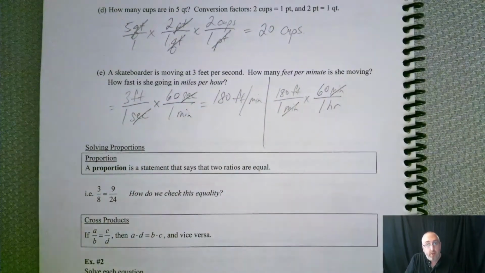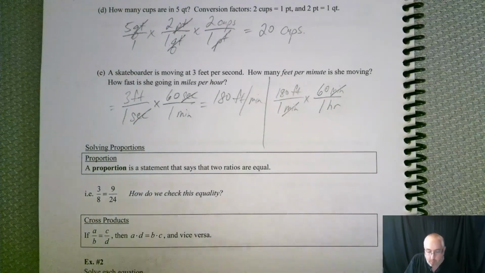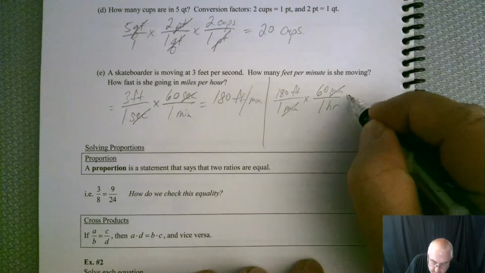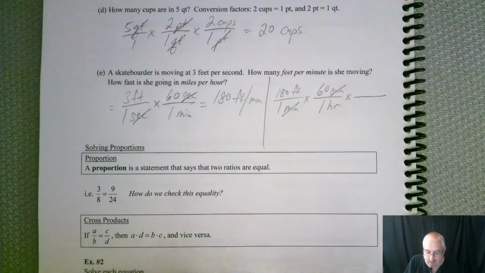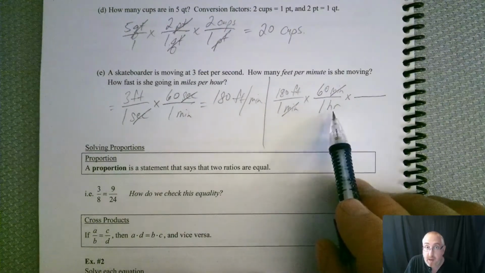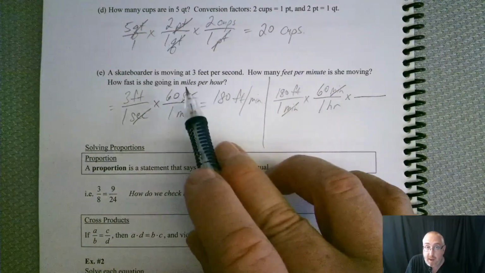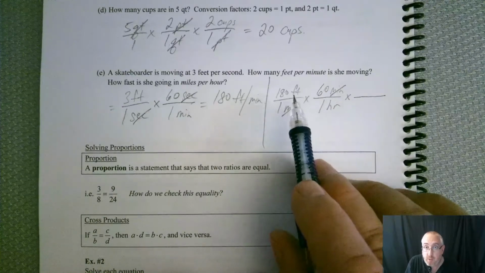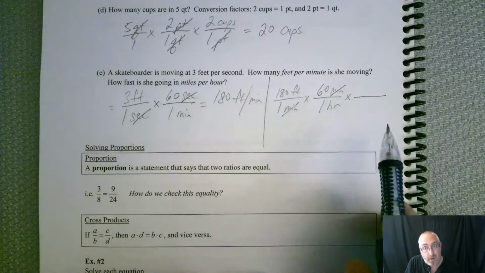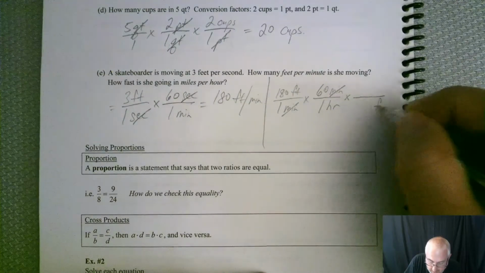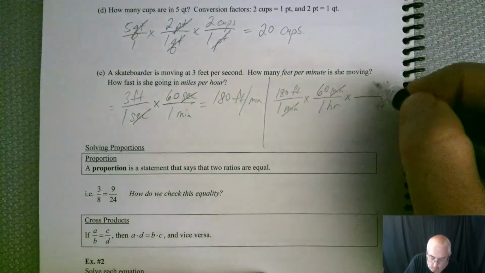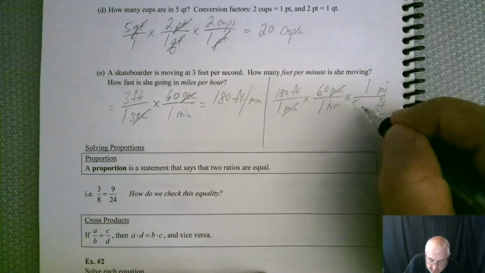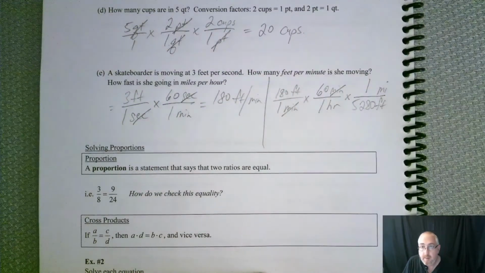Now, if you wanted to, you could subtotal it at this point, but we can just keep going with conversion factors and then do all the math at the end. So we got hours on the bottom, which is what we need, but now we got to get the miles. So we got to get rid of this feet. If feet is on the top here, we're going to have feet on the bottom here, which means we got the miles up here. And 1 mile is 5,280 feet.